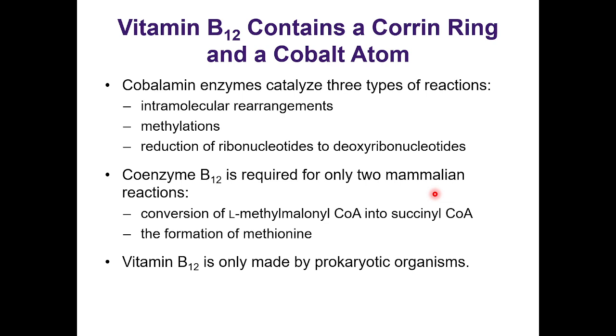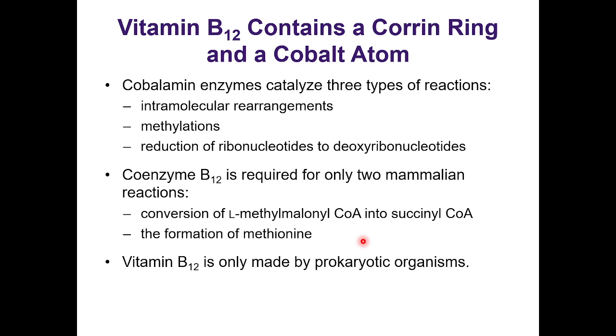Cobalamin enzymes are going to catalyze three types of reactions. We have the intramolecular rearrangements, the methylations, and the reductions of ribonucleotides to the deoxyribonucleotides. The coenzyme B12 is going to be required for only 2 mammalian reactions. We have the conversion of L-methylmalonyl-CoA into succinyl-CoA and the formation of methionine.